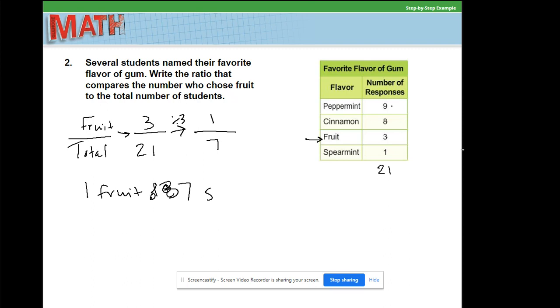That's what it should be, 1 out of 7 students. Sorry, making this more complicated than it needs to be. Okay, so for every one person who likes fruit gum, there are 7 students. Make sense? Hopefully. All right.